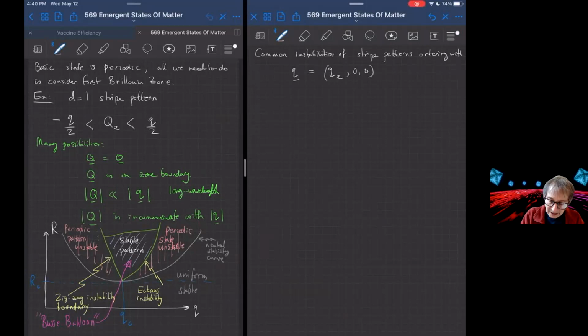So the Eckhaus instability occurs when q_y is equal to 0 and Q_x is much less than little q_x. And so what does that look like? If you draw it out, it looks like this. I'm probably going to mess it up, but let me do my best.